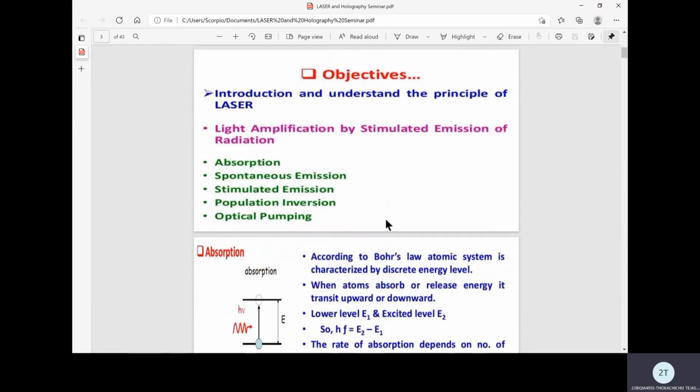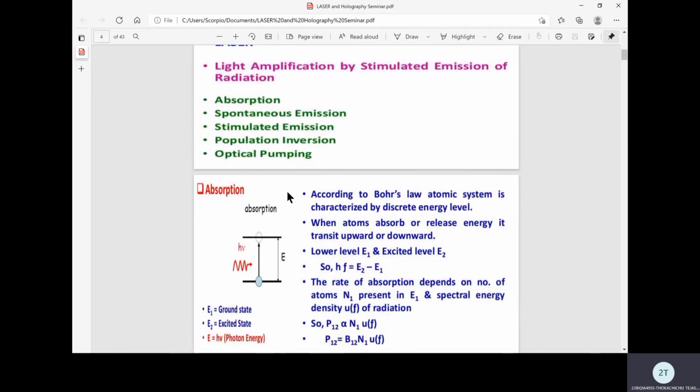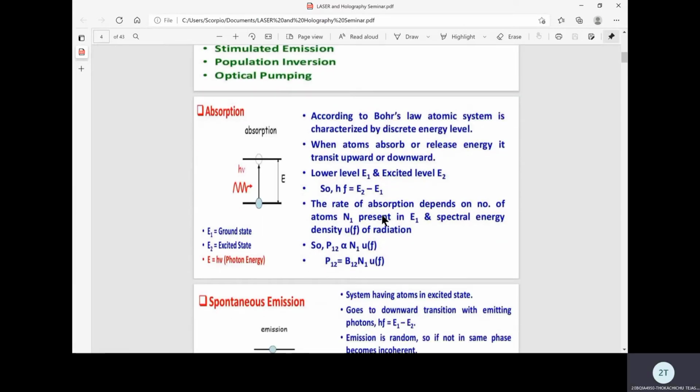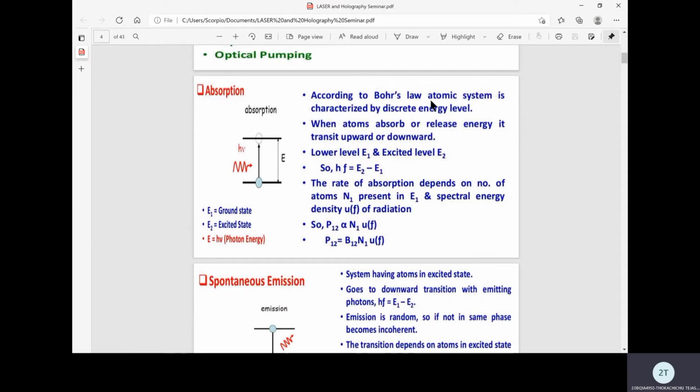So let's discuss the main topics in this chapter: absorption, spontaneous emission, stimulated emission, population inversion, and optical pumping. First is absorption. According to Bohr's law, an atomic system is characterized by discrete energy levels. Here we are taking two energy levels E1 and E2.